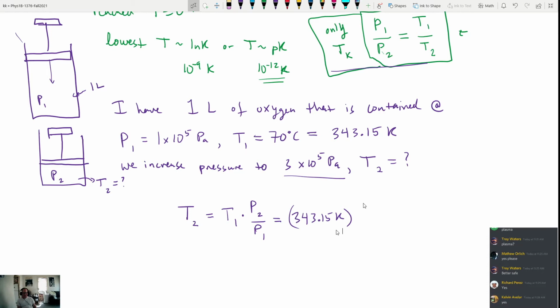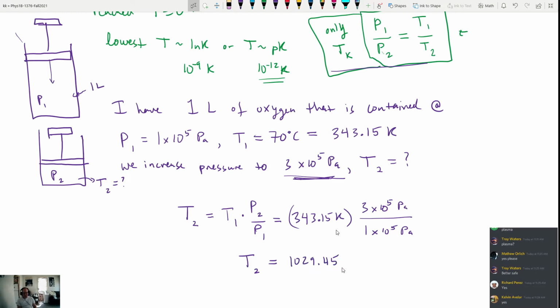Okay, so in the numerator we have P2, so that's going to be 3 times 10 to the 5th pascals. In the denominator, we have 1 times 10 to the 5th pascals. So our answer for the temperature should increase by a factor of 3, and it should go to 1029.45.